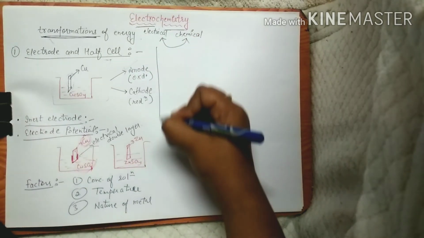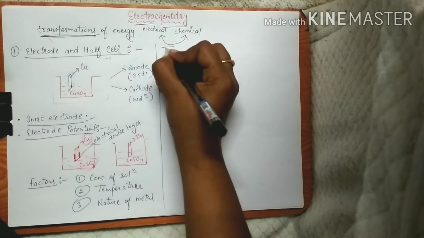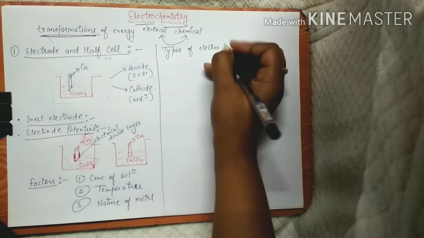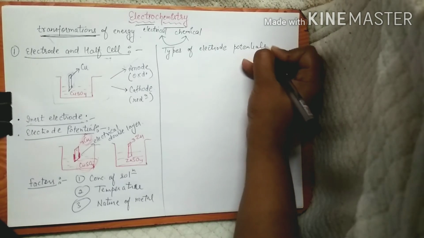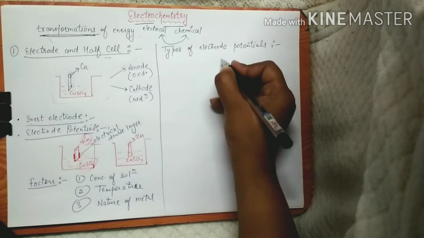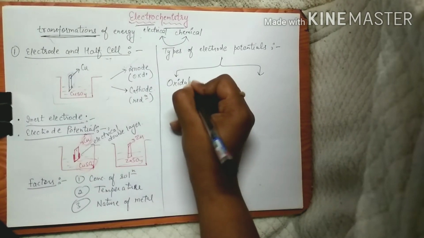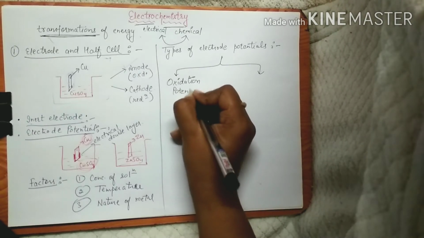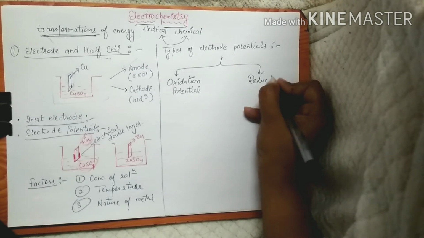Now we are going to study about the types of electrode potentials. There are two types. First is the oxidation potential, and second is the reduction potential.